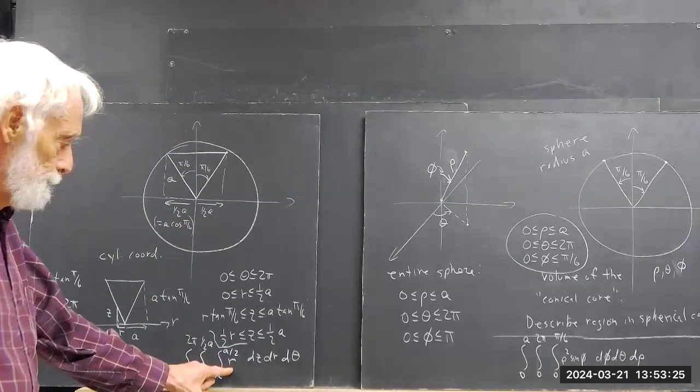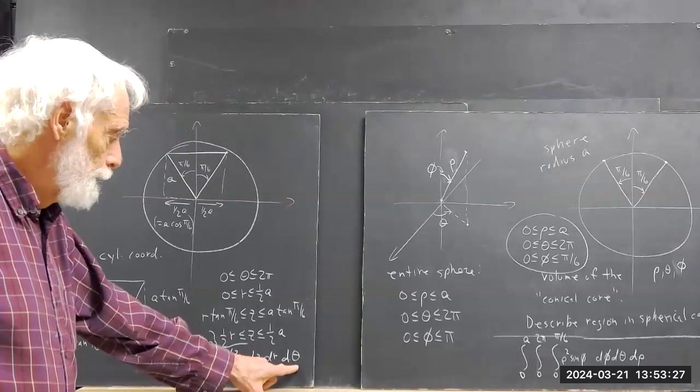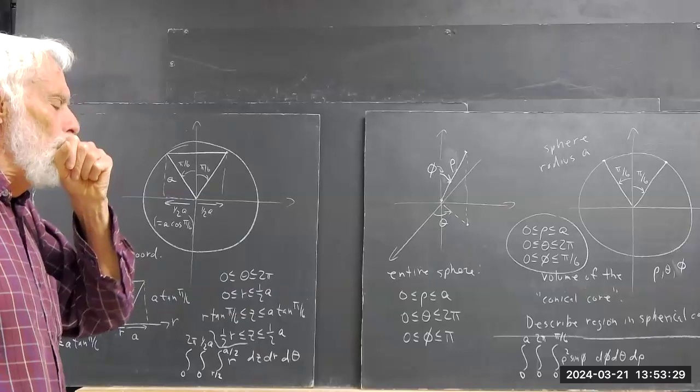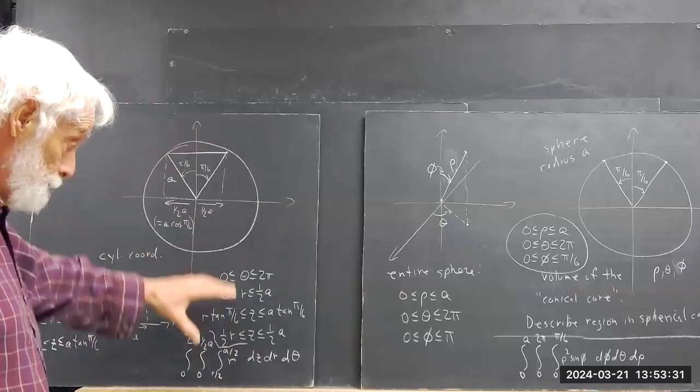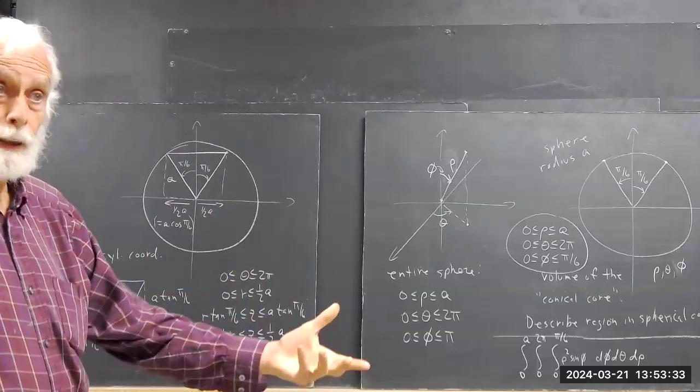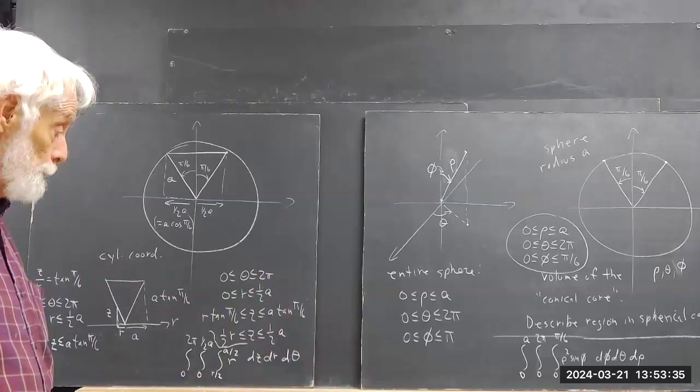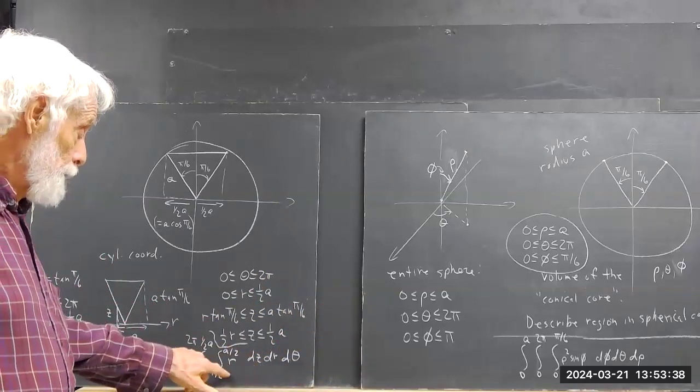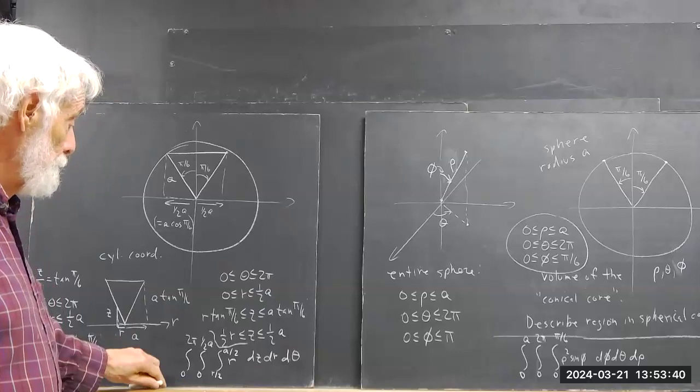And we have our R dr d theta area increment down in the plane, z equals 0 plane. So this would be our answer.